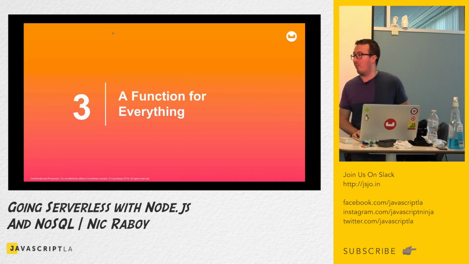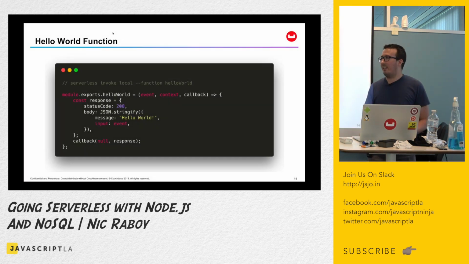Now, in terms of what these functions look like, this is an example of what you would get when you create a new serverless framework application using the generator. You'd get a simple hello world function, and it expects that you return a response. As far as the parameters for this function, you have an event, which you can collect any kind of event body from your request or any kind of event parameters.